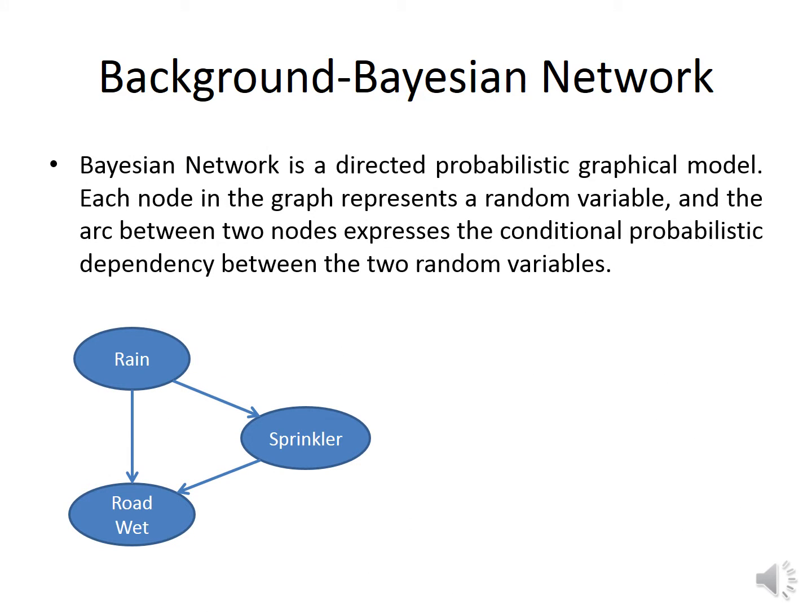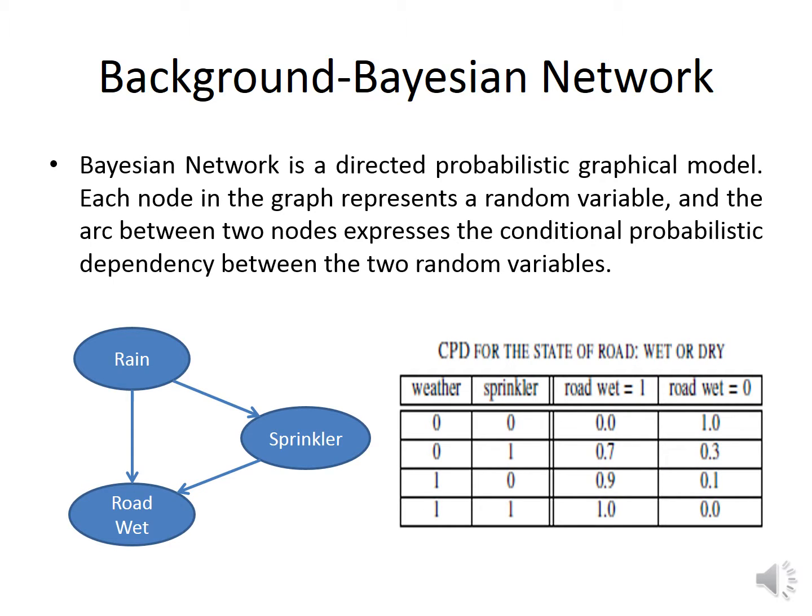We will make use of a dynamic Bayesian network to get the risk result. A Bayesian network is a directed probabilistic graphical model. Each node in the graph represents a random variable, and the arc between two nodes expresses the conditional probabilistic dependency between the two random variables. These three nodes denote the rain, sprinkler, and wet road, and the arcs denote the relationships between these nodes.